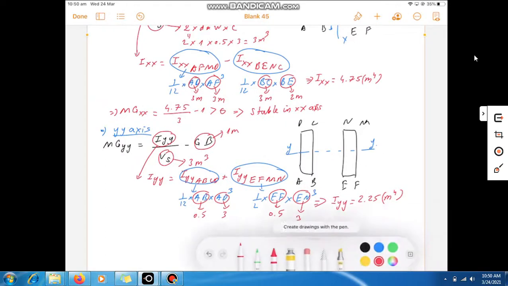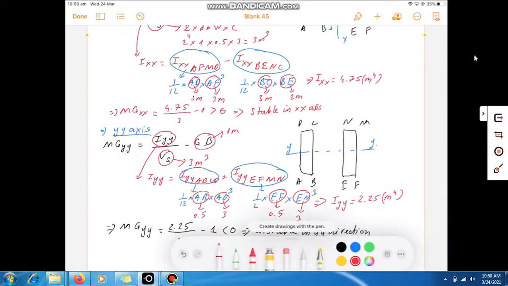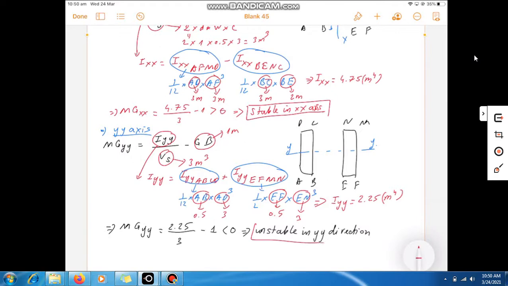Okay. With AB being 0.5 meter, AD or 3 meter, EF 0.5, and EN you have 3. So from this one you will have IYY is 2.25 meter to the power 4. Okay. And when we have IYY, you can find MZ in the YY direction.